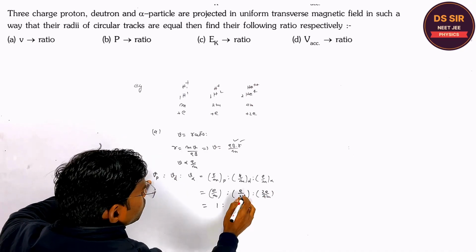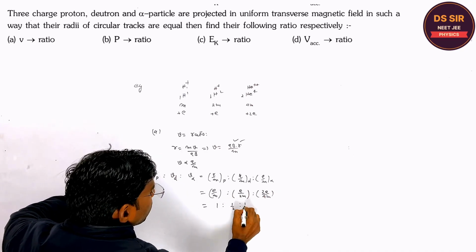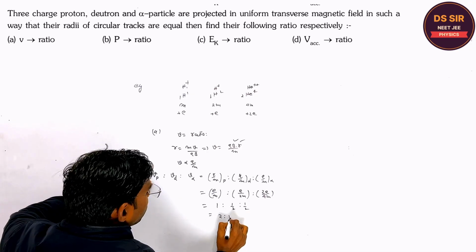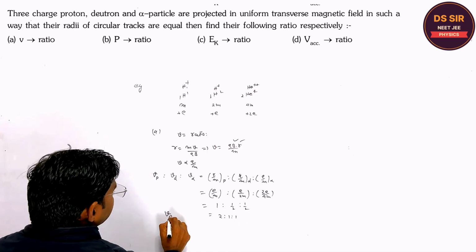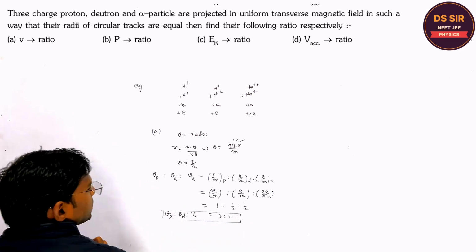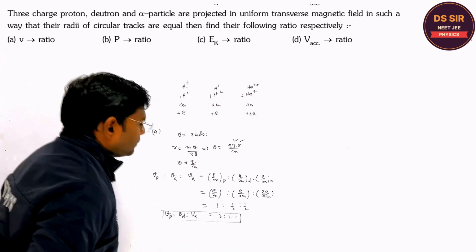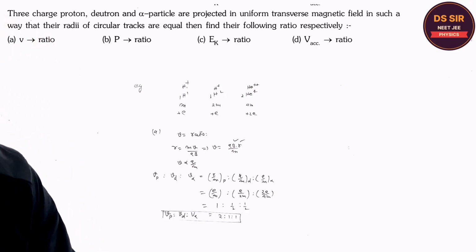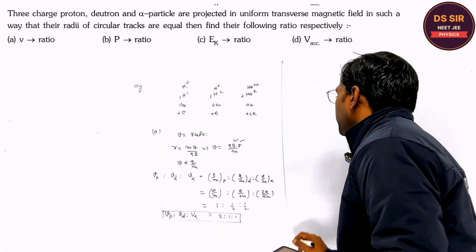So this is 1 : 1/2 : 1/2, so it is 2 : 1 : 1. The speed ratio is this. You understand this or not, you tell? Yes. Copy this.